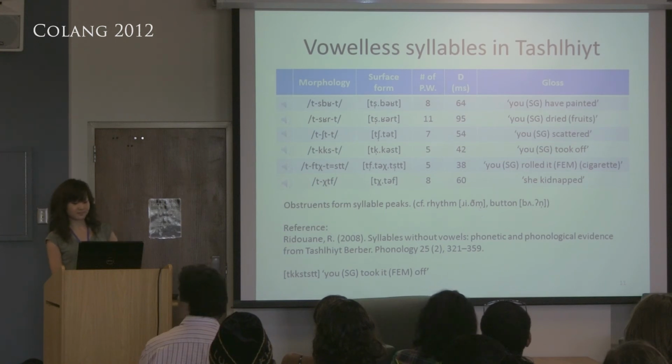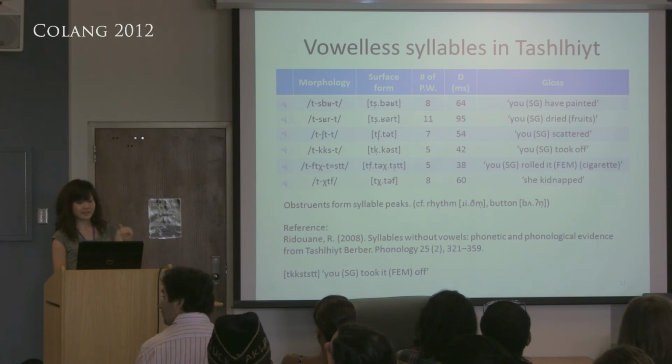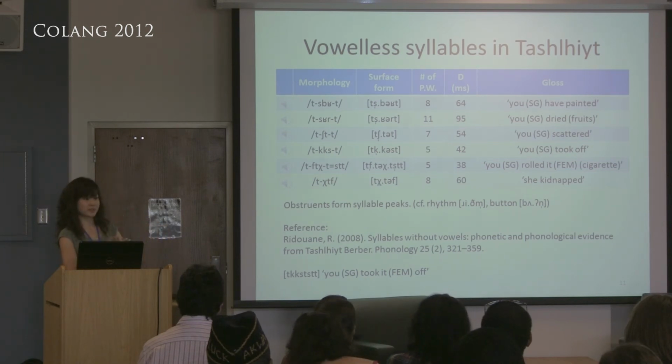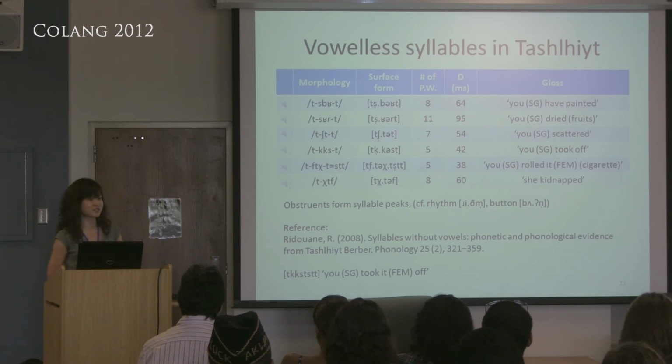Like in rhythm or button, M can form a syllable peak and N can form a syllable peak. So vowels are the strongest candidate for syllable peak, and then sonorants, and then obstruents. And it is argued that there are only two languages in the world in which obstruent sounds can form a syllable peak. And of course, one of them is Tashlhit, which is exciting because we got to really hear it.